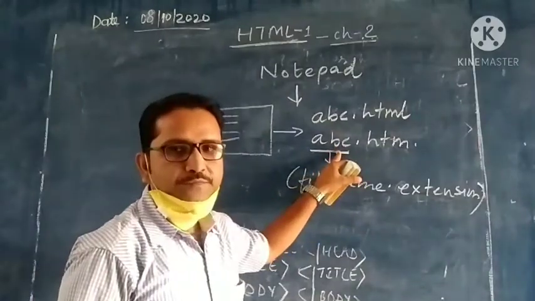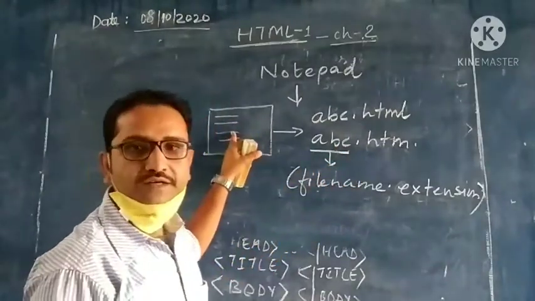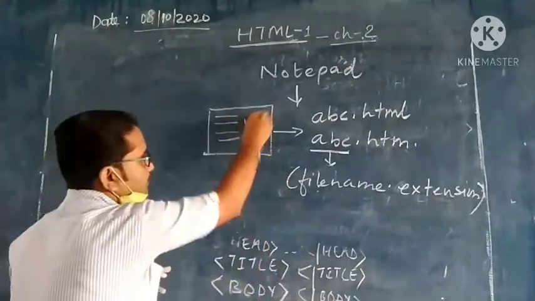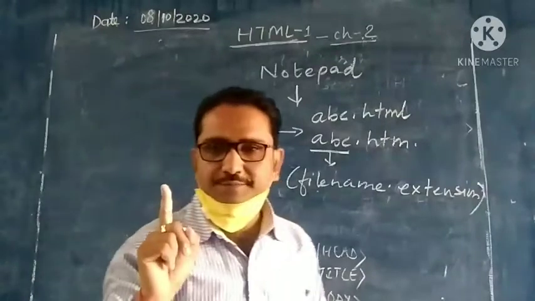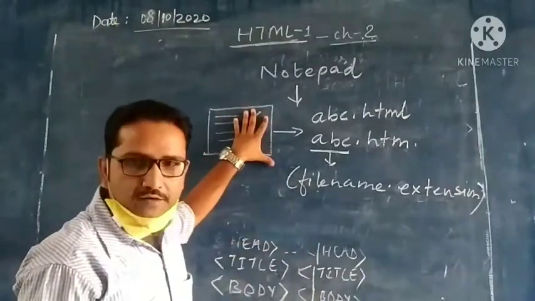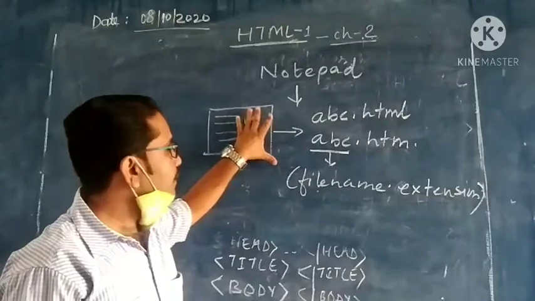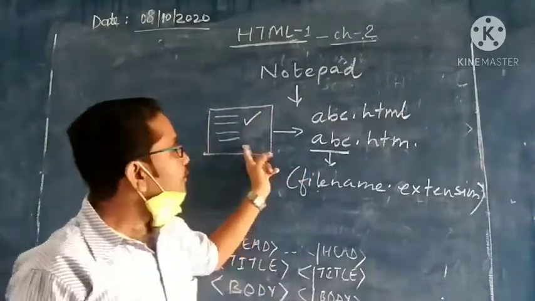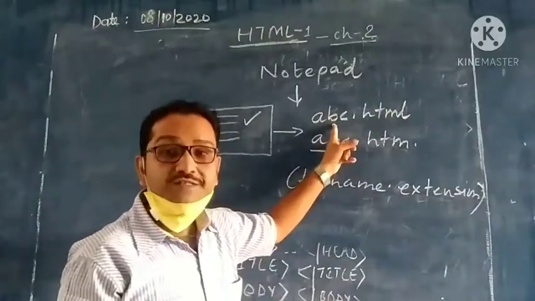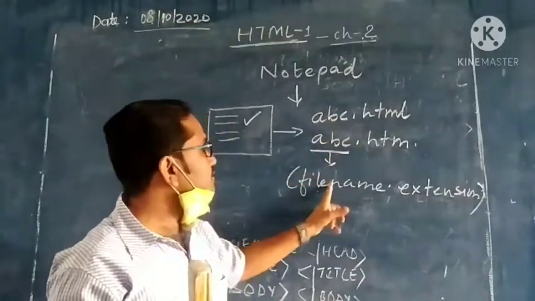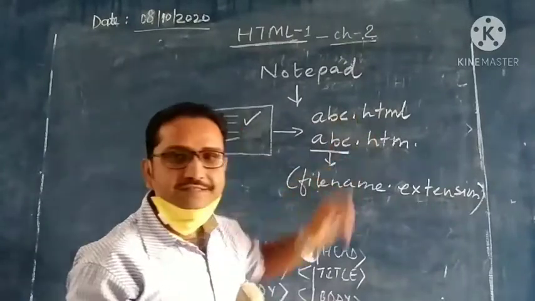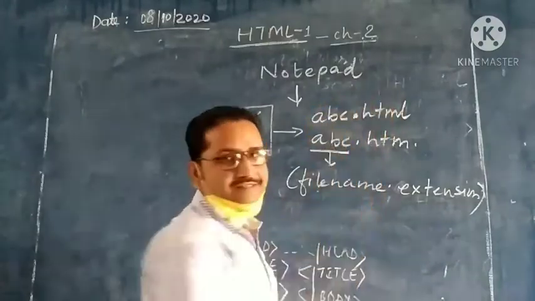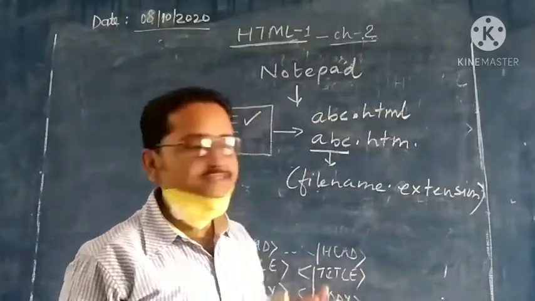ABC is the file name of the Notepad document we created in HTML. We have written the code in Notepad, and now we have to save that code. For saving that HTML code, we write ABC. ABC is the file name, and the extension is .html.